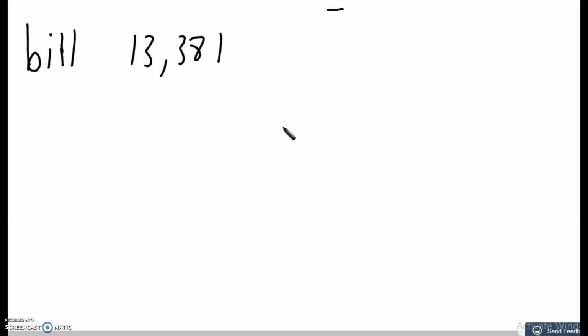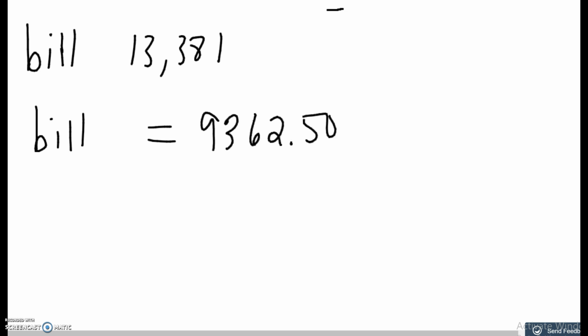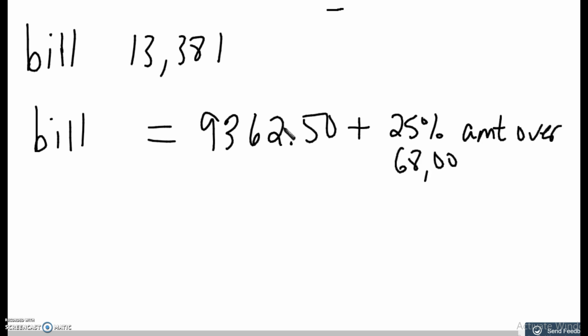And the family is in the tax bracket where they would get a bill that would consist of a $9,362.50 fee plus 25% of the amount over $68,000 in income.